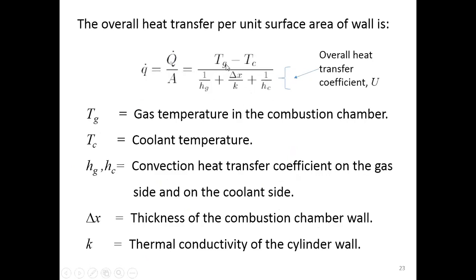We have the temperature of the gas and the temperature of the coolant, and the difference of these two temperatures is divided by what? 1 over h_G, which is the convection heat transfer coefficient on the gas side, and 1 over h_C on the coolant side. We have delta x here, which represents the thickness of the combustion chamber, and we have k, which represents the thermal conductivity of the cylinder wall.